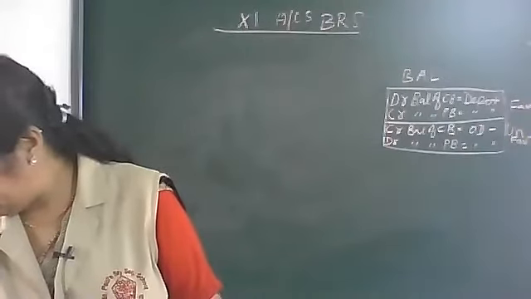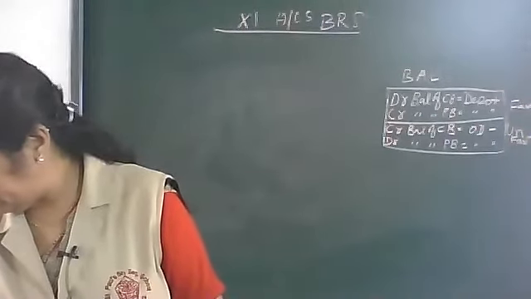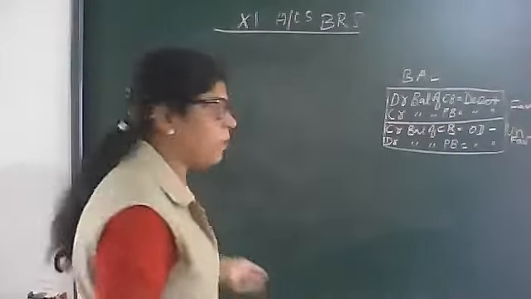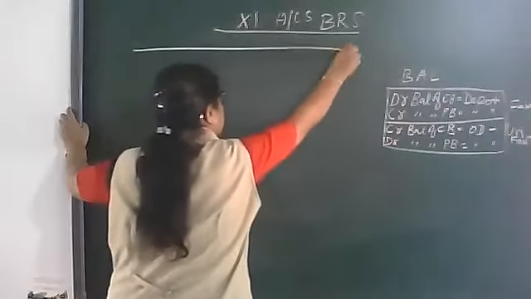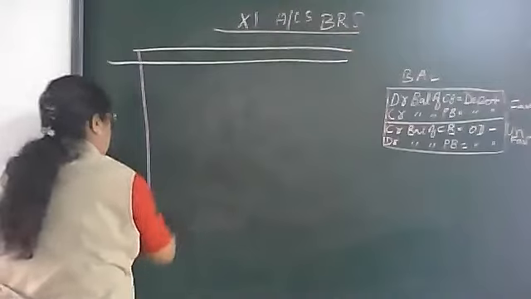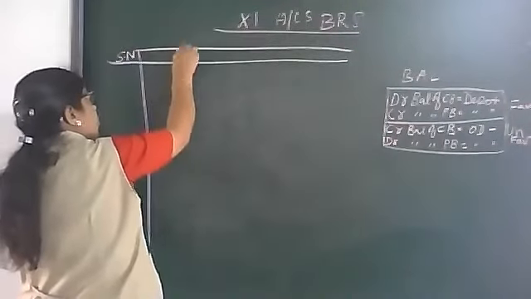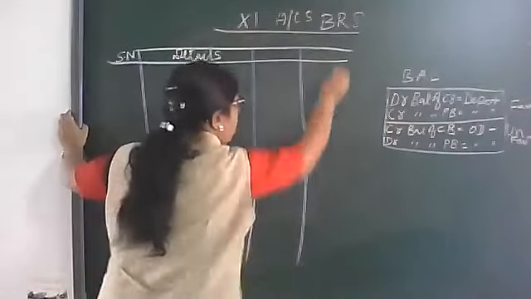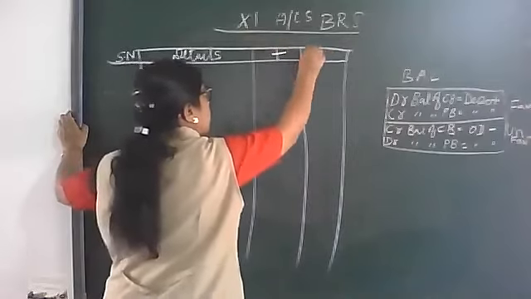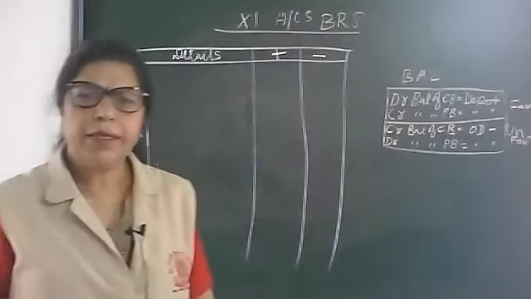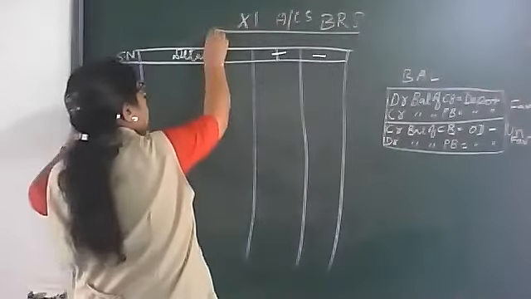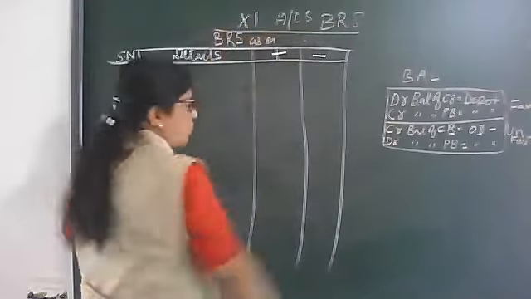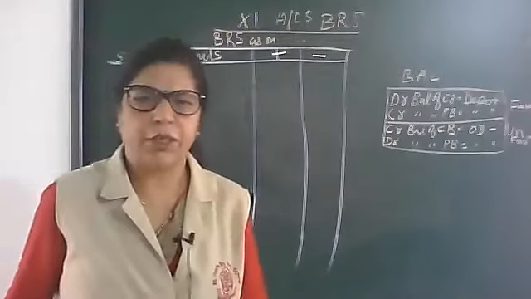Now I am going to make another table for you, the table which is the BRS. First serial number, detail or particulars, and only 2 columns, plus and minus, add and subtract. On the top, you will write BRS as on a specific date.